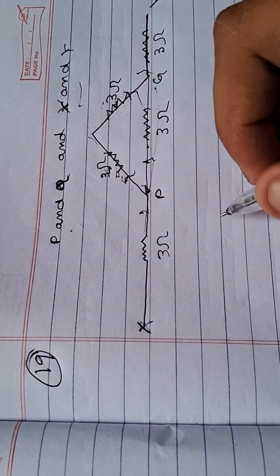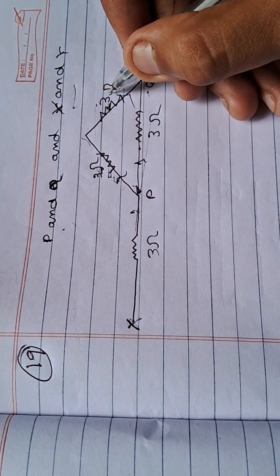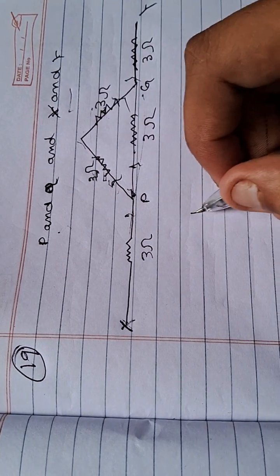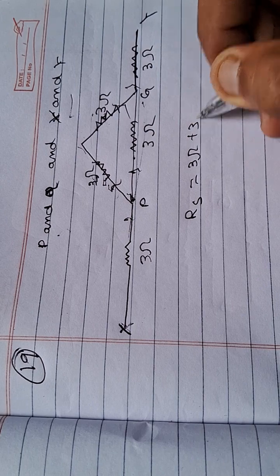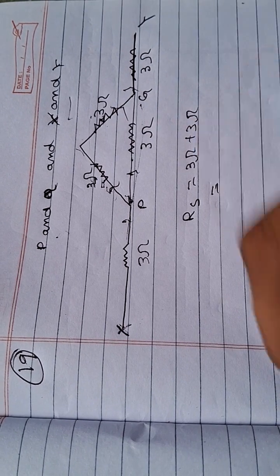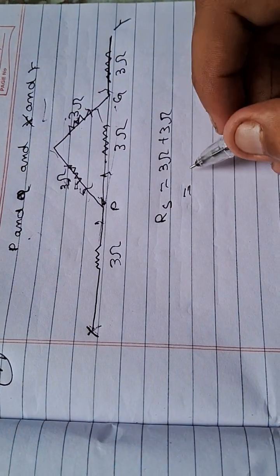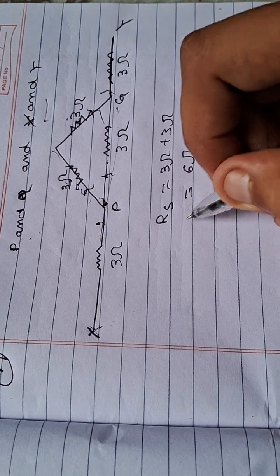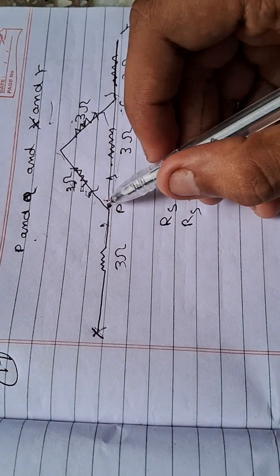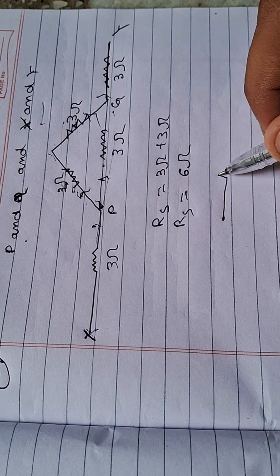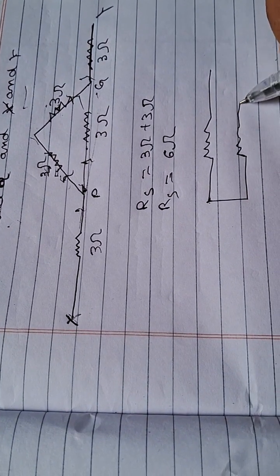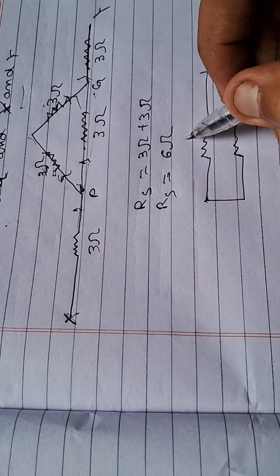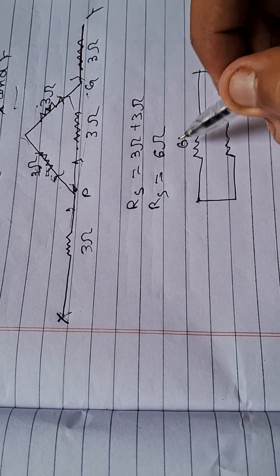So first we will see 3 plus 3, how much? R in series is equal to 3 ohm plus 3 ohm. I am not writing the facts because you know how to solve this problem. RS is 6 ohms. Now let us draw the modified version. So how much was it? 6 ohm.